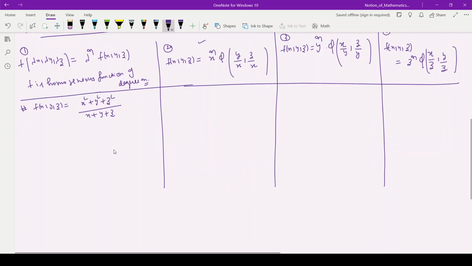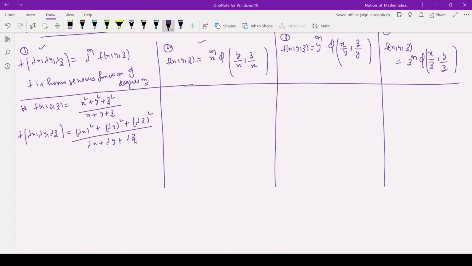So students, I want to apply the first method here. If any one of these methods is applicable, then the function will be homogeneous. So I will be evaluating f of lambda x, lambda y, lambda z. It will be (lambda x) whole square plus (lambda y) whole square plus (lambda z) whole square upon lambda x plus lambda y plus lambda z.